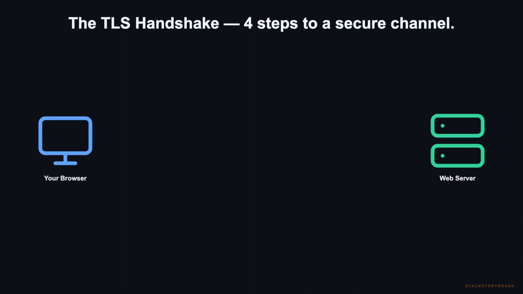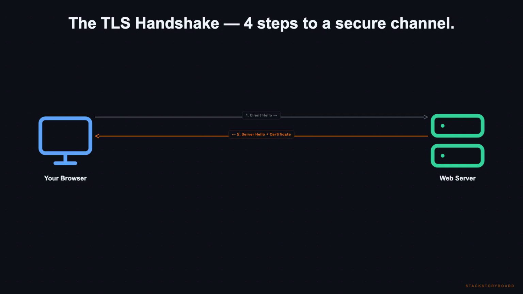Now, before your browser and server exchange any real data, they run what's called a TLS handshake. So, first things first, the browser sends what's called a client hello, basically saying, here's every encryption method I support, pick one. The server picks a cipher and sends back its certificate.